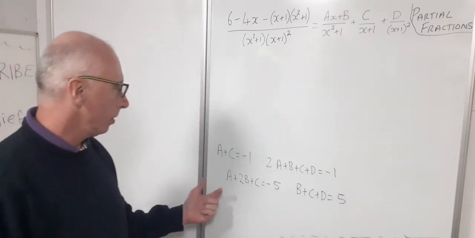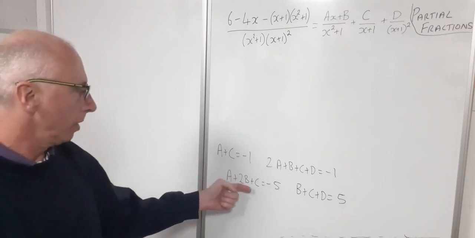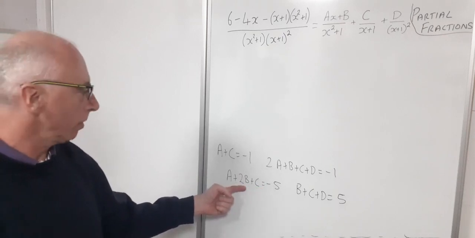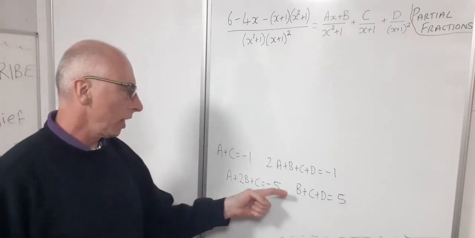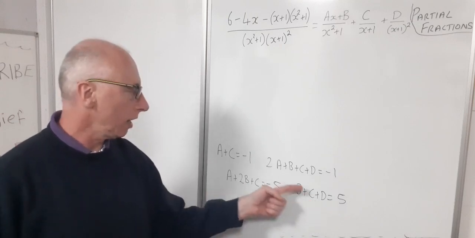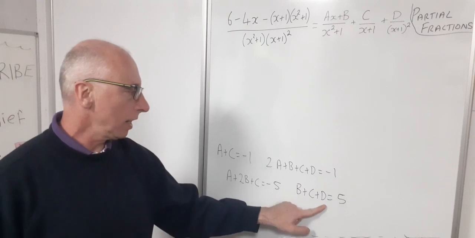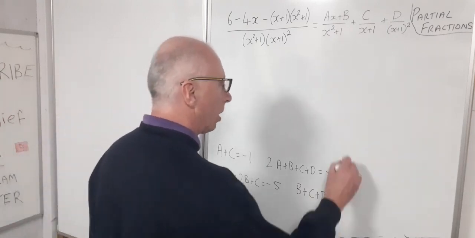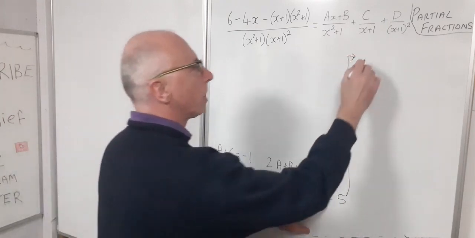Okay, so I've got an a plus c equals -1 here, and I've got an a and a c here that equals -5. So I've got something similar going on there. Now, what I could also try is substitute for a d in this a plus b plus c plus d. So let's bring this one up here and get d on its own.